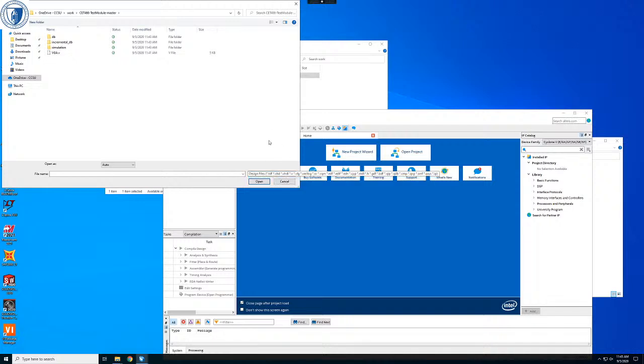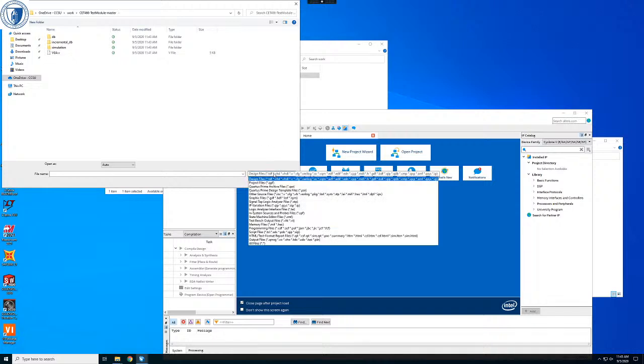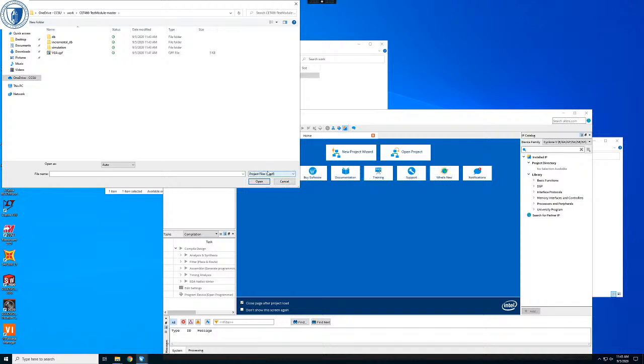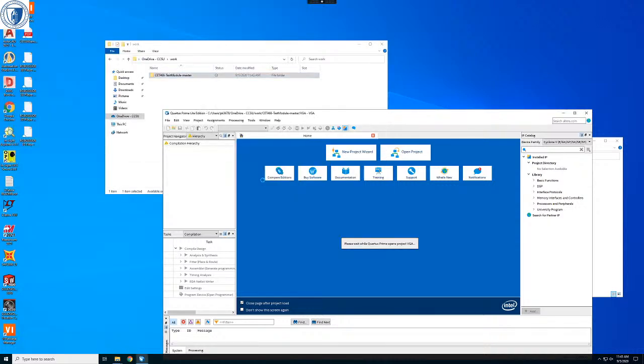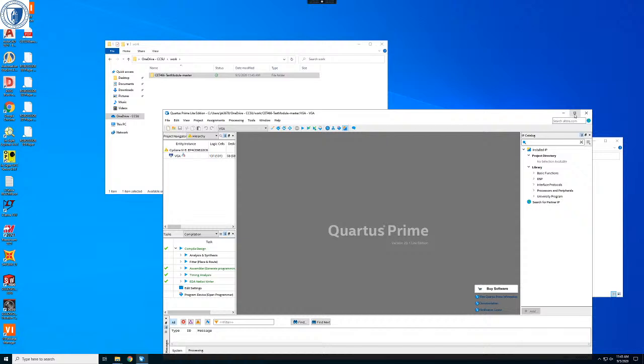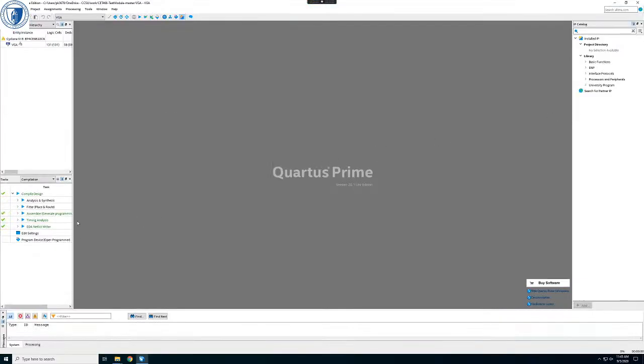Now when you first try and open up that file, it won't automatically show you the project file. So you need to change the file type and go to project files, and then you'll see the VGA piece, and that should open up now, right?